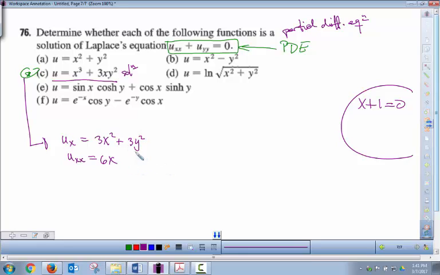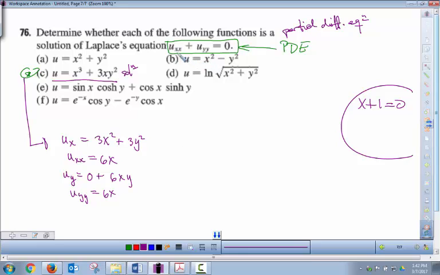So now let's take the derivative of u with respect to y, and then take the derivative with respect to y again. So u sub y is going to be 0 plus, this looks like it's going to be 6xy. And then taking the derivative of this with respect to y, it's just going to be 6x.